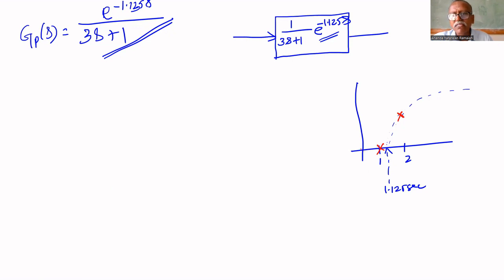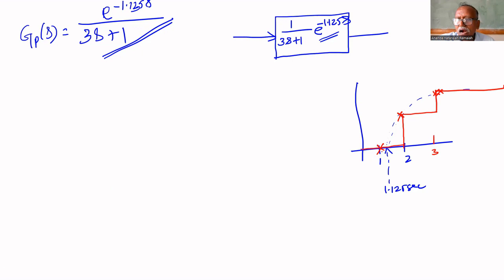Therefore, the response is 0 up to this point. At 2, you will get a value. At 3, the third sampling instant, it settles. This is the response.